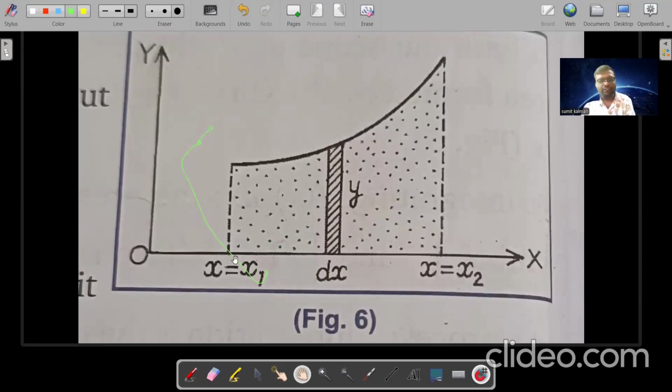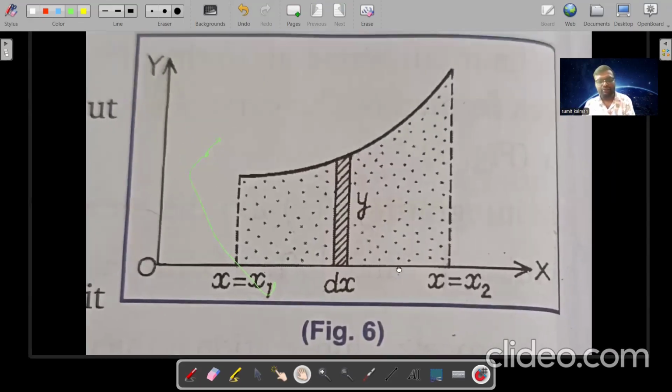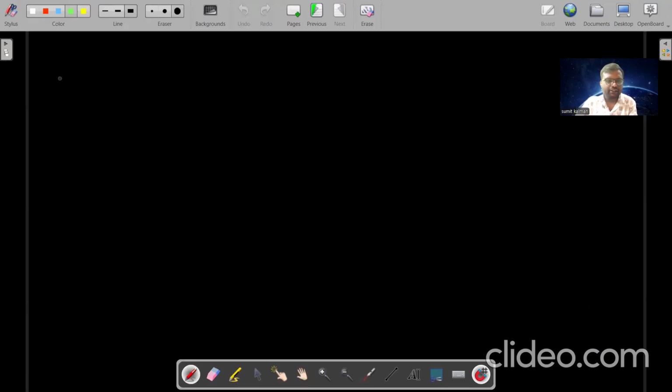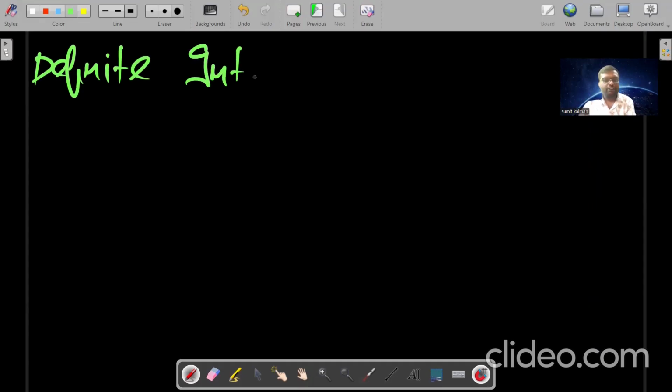There are two limits, x is equal to x1, it is called lower limit, and x is equal to x2, it is called upper limit. Now, students, we will talk about definite integrals here. Now, students, see what is definite integral.